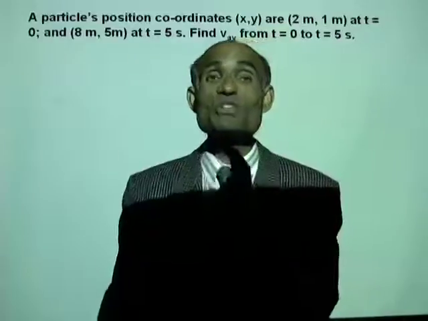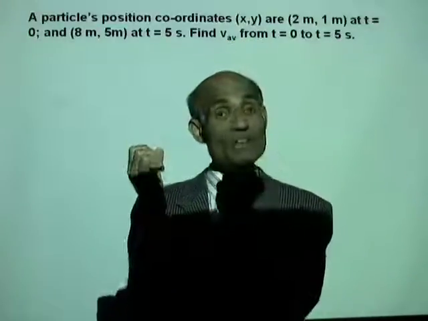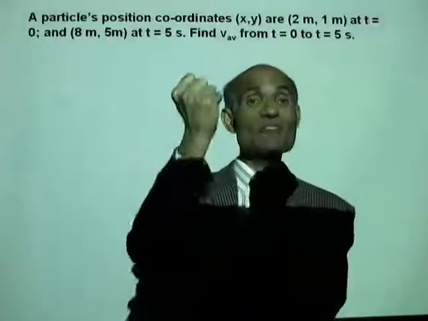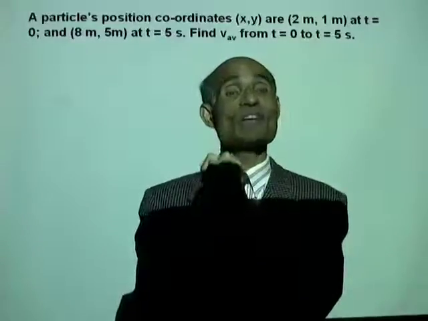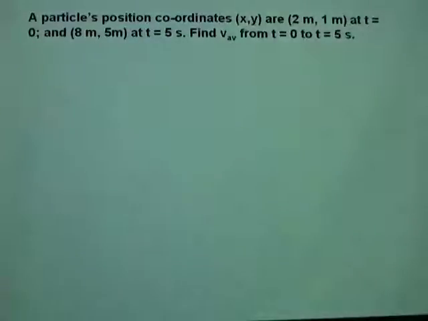Therefore, you need to calculate the average velocity in the x direction and then calculate the average velocity in the y direction. Is that right? Because our initial definition of average velocity, this is what we did. V average is delta x divided by delta t.